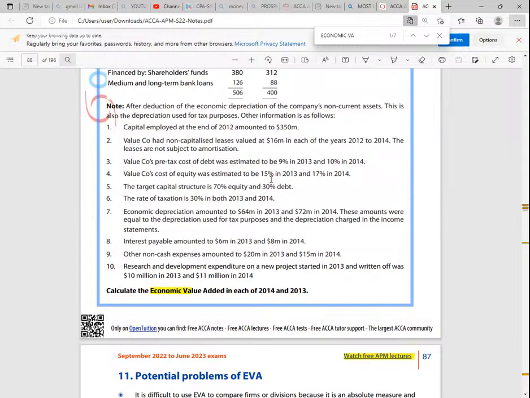So times 15%. Nope. The weight of equity for 2014 is supposed to be 17%. Weight of debt doesn't change. The weight of debt is 0.3 times the cost of debt after taxation. Cost of debt before taxation for 2014 is 10%. But now remember that this 10% has to be tax adjusted.